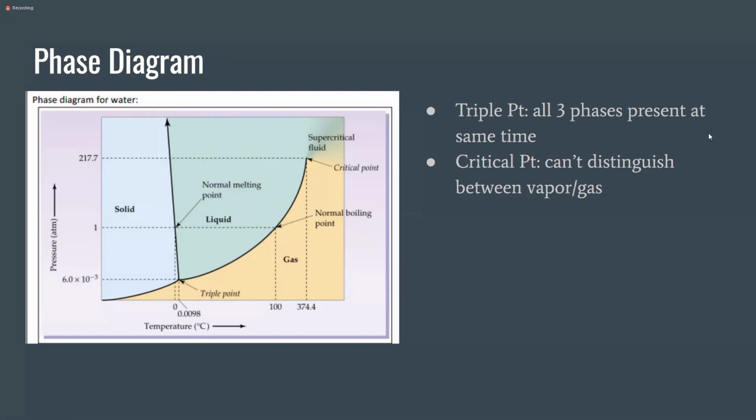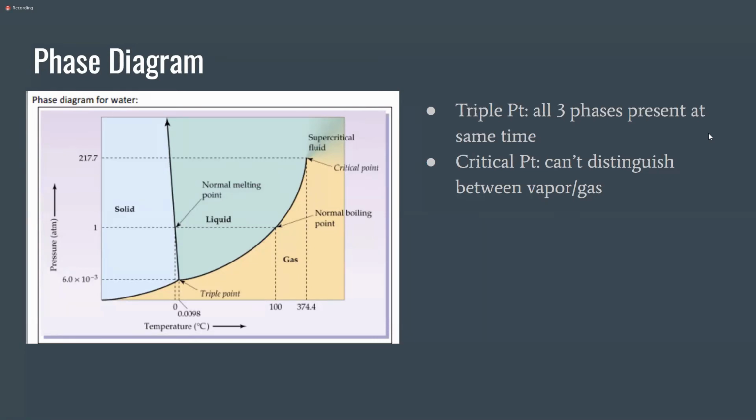And you can actually see that at the critical point. I don't think we covered that in class, so I doubt that they'll ask you about this on an exam. But at the critical point, the density of the gas phase and the density of the liquid phase are equal, so you can't distinguish between them. And you can see there's a vertical slope at that point. So going back to solid and liquid, there's a negative slope, which means the density of the solid is less than the density of the liquid.